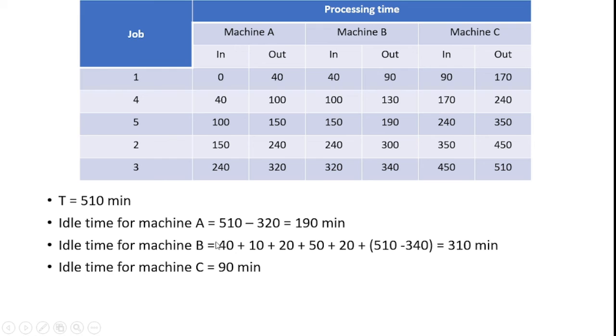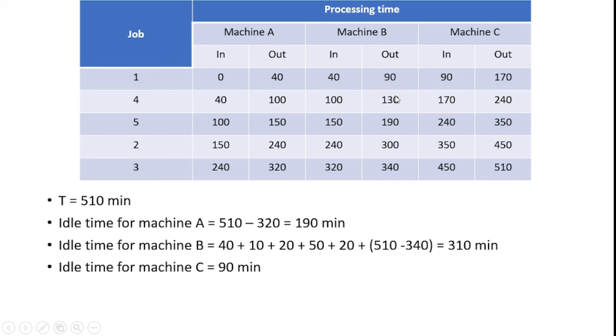Here 40 is the idle time. After that, the job is completed in 90 minutes, and then 10 more minutes waiting for job 4. So here I wrote 10, because 100 minus 90 is equal to 10.